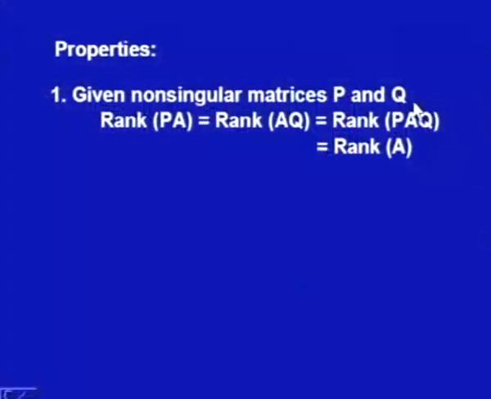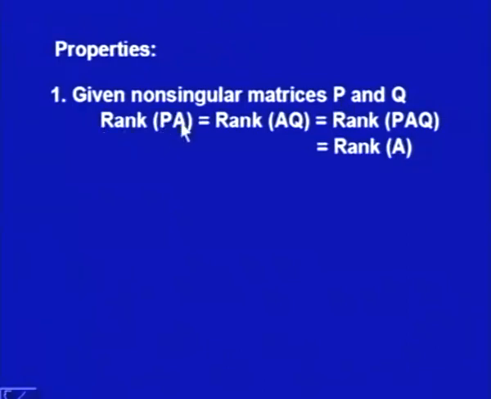Now, we will establish certain properties of rank. So, the first property is, if non-singular matrices P and Q are given, then rank of PA is equal to rank of AQ, and is equal to rank of PAQ, is equal to rank of A. So, this matrix A is being given to us, P is non-singular.